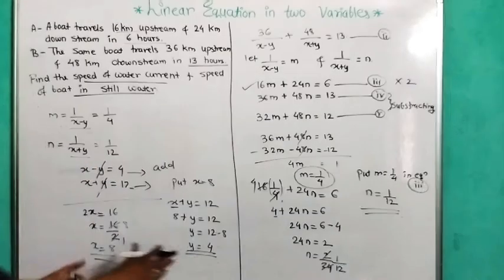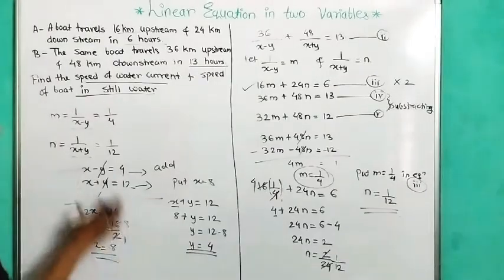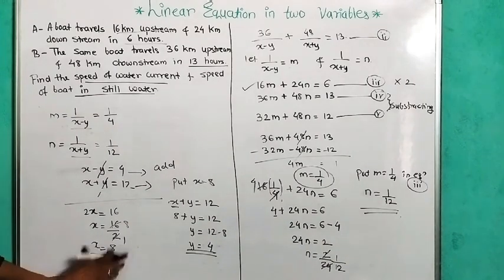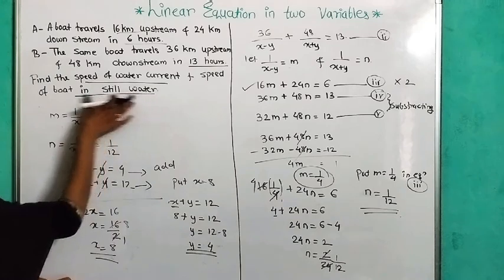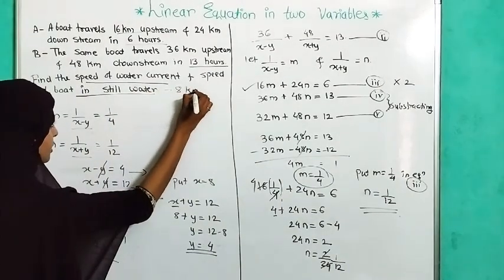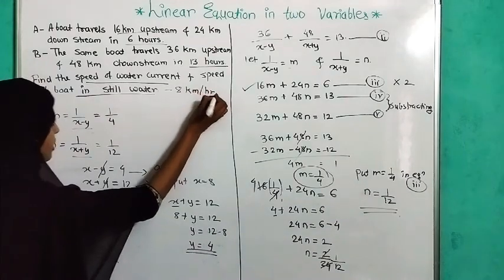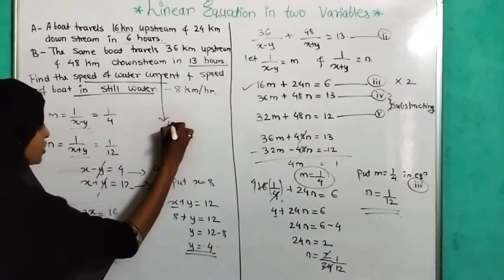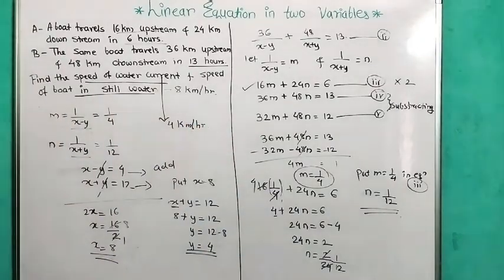Hence we get the value of x and y, and we have considered the value of x in still water. So the speed of boat in still water is 8 km per hour and the speed of boat in water current is 4 km per hour. So this was the solution of this example.